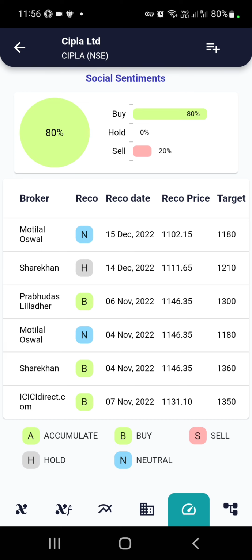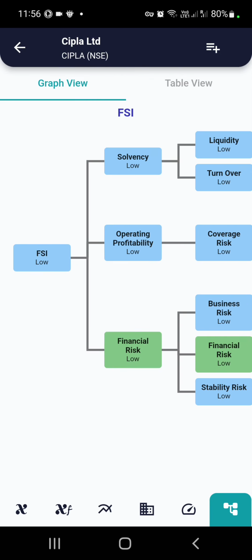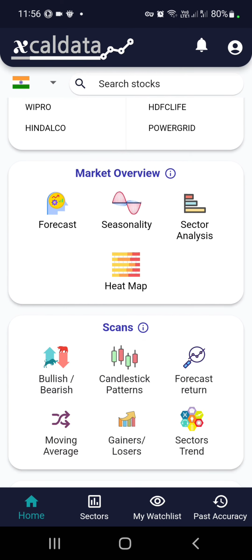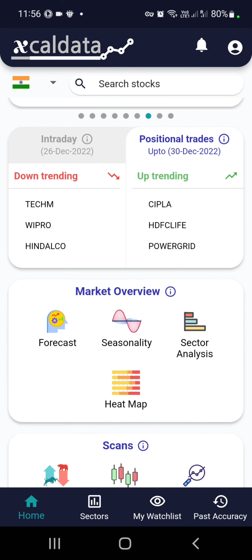And you have the social sentiments, what other brokers are talking about the stock at this point. And you do have the FSI, which is our proprietary view on the fundamentals of the stock, basically grouping various ratios together to form a view on that particular stock. So that's a high level view on an individual stock.